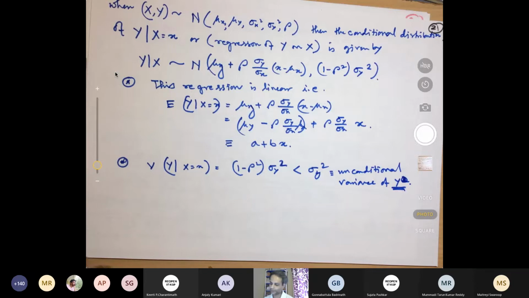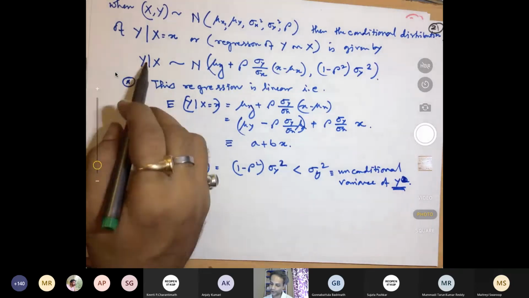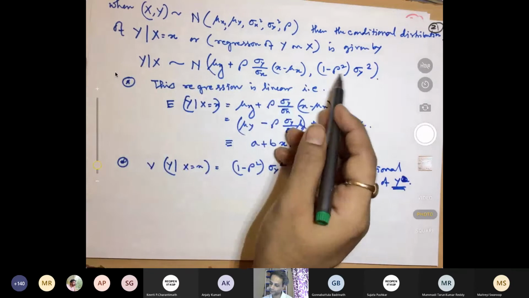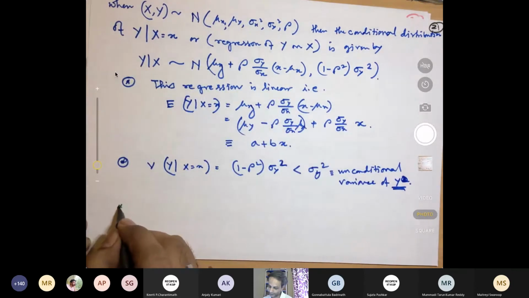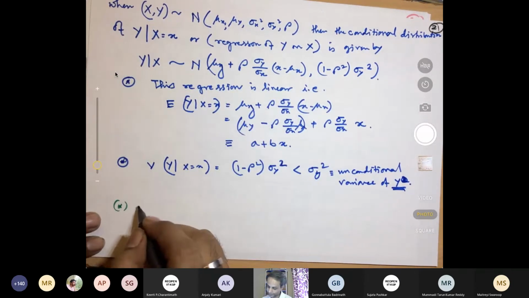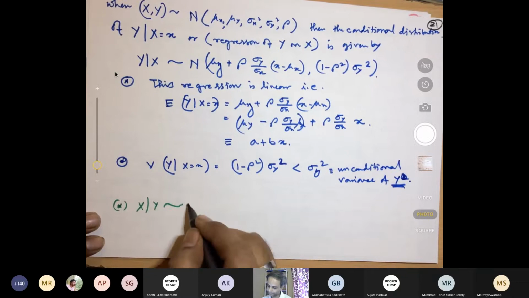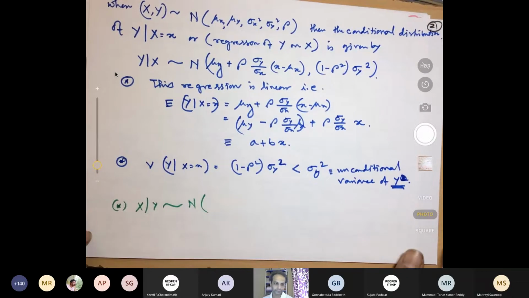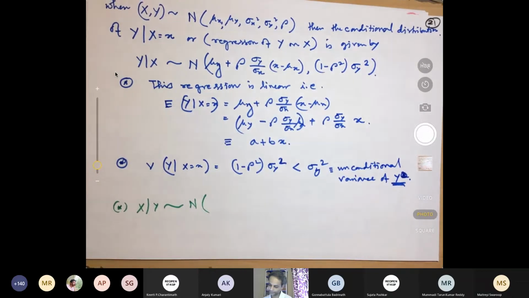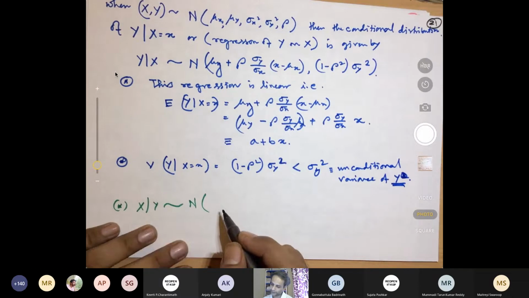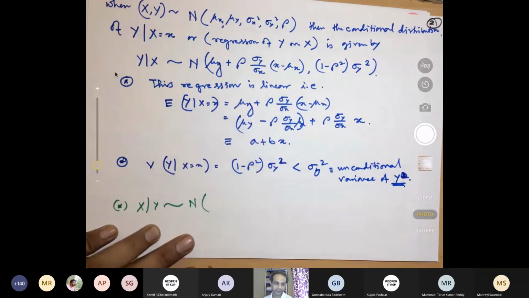So y given x is following this, and by symmetry, can you please tell me what will be the conditional distribution of x given y? Please tell me from the symmetry.